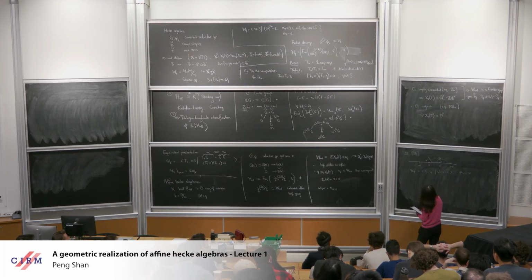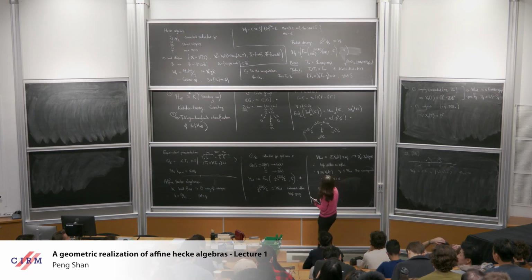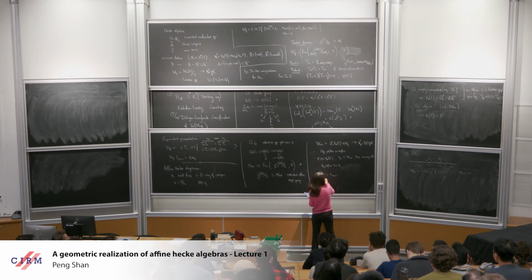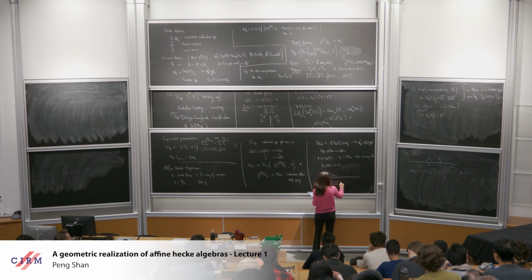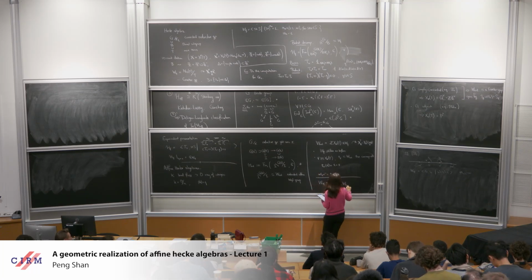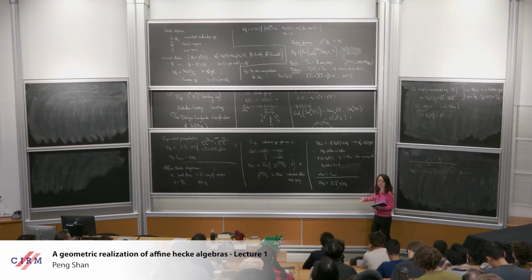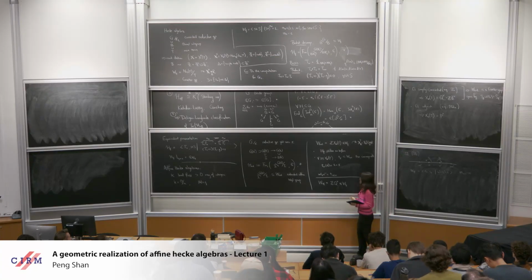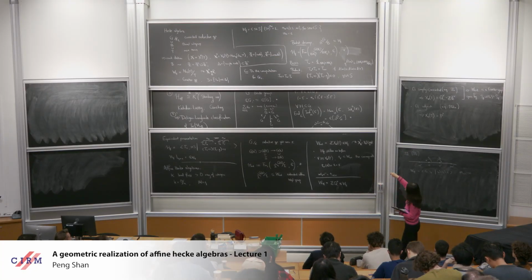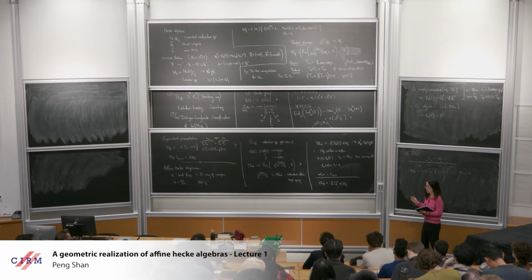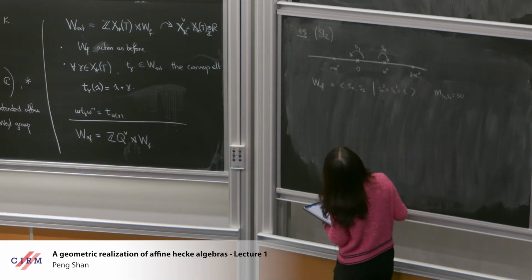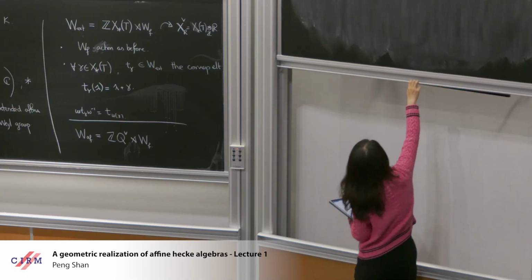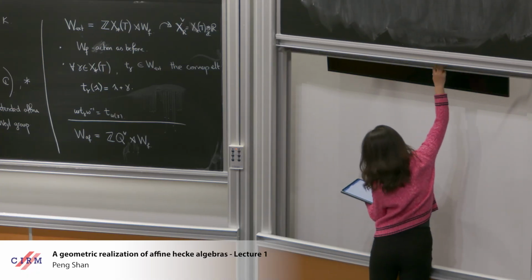I haven't defined it, so I should. The affine Weyl group is Z of Q check semi-direct product with the finite Weyl group. Or you can take it as, in the case when the group is simply connected, what you get is the affine Weyl group. In general, what you will get is the so-called extended affine Weyl group.